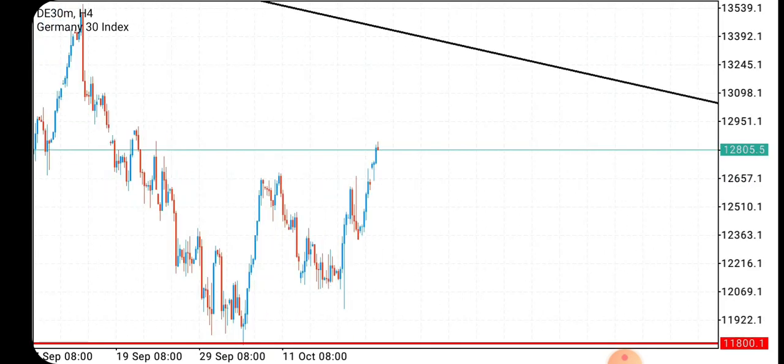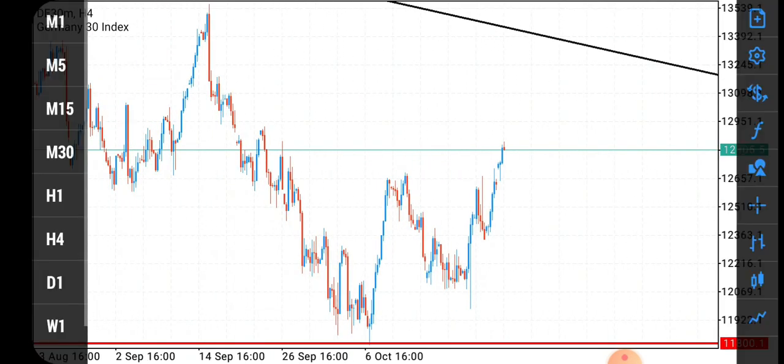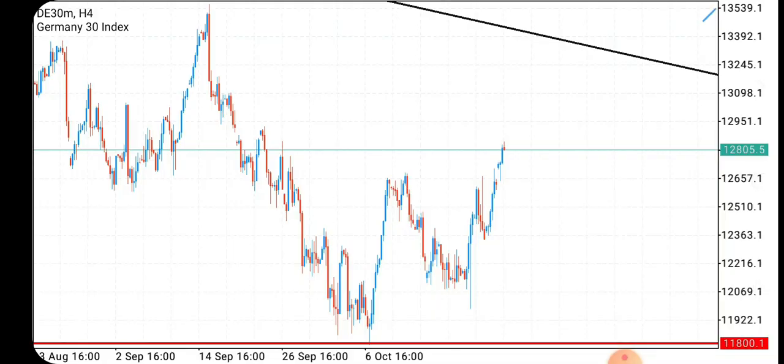Let me go to my 4-hourly chart. I want to see something real quick. Okay, so right now I'm on my 4-hourly chart, and I can see that we are in an overall bullish market.